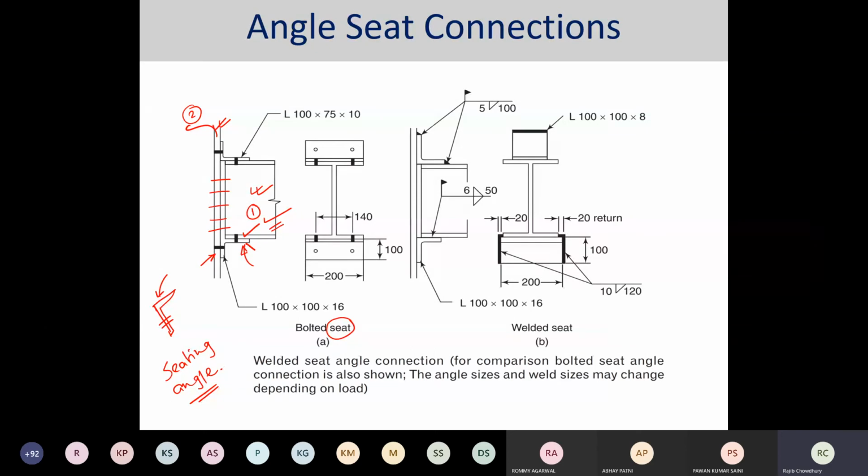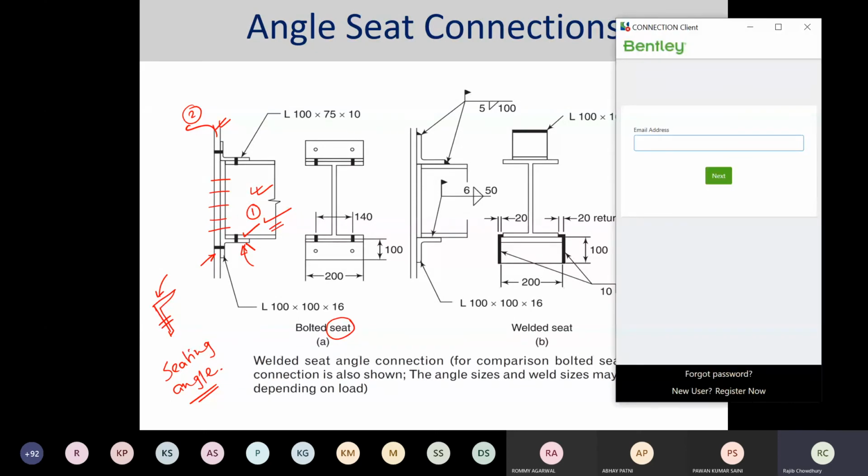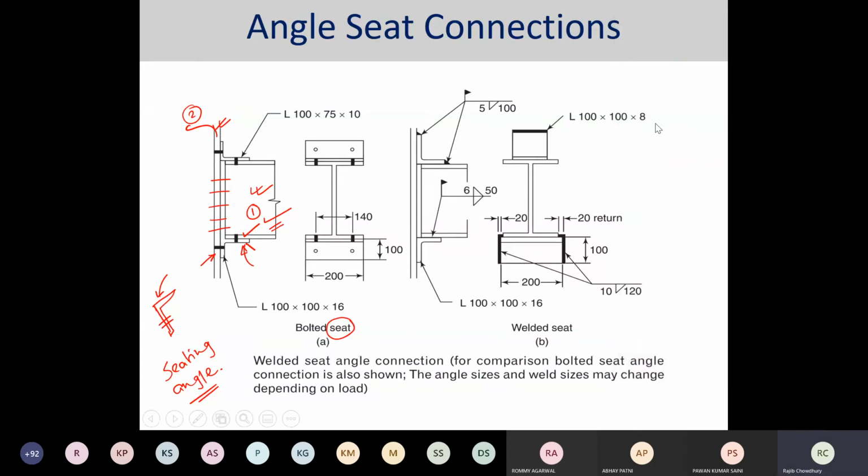The same thing can be done with welding also. In the welding, this is one of the welds we make from the angle with the column, and here with the angle and the beam.